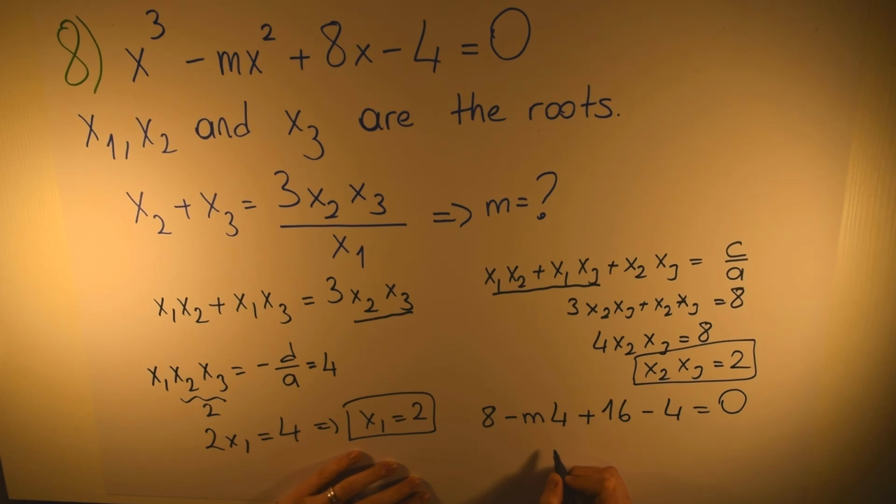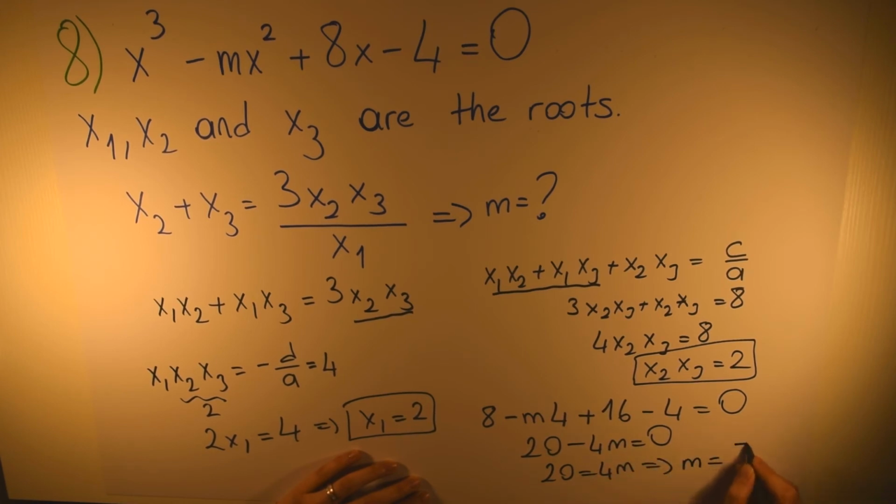So here we have 16 plus 8 is 24, minus 4 it's 20, minus 4m is equal to 0. So when I put this minus 4m to the other side, it will become positive 4m. So 20 is equal to 4m, and from here we find the value of m as 5.